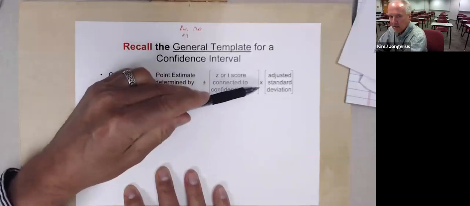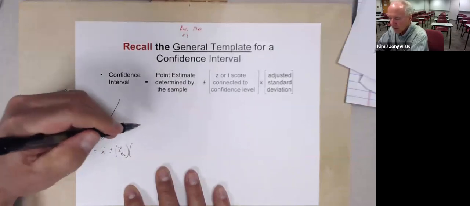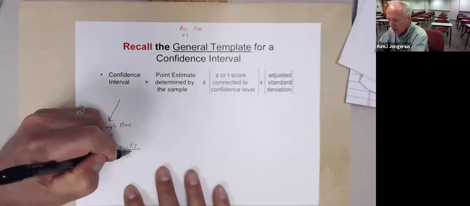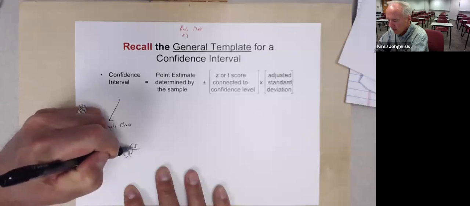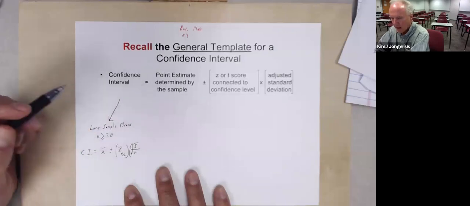times our adjusted standard deviation, which for large sample means was usually going to be our sample standard deviation divided by the square root of n.